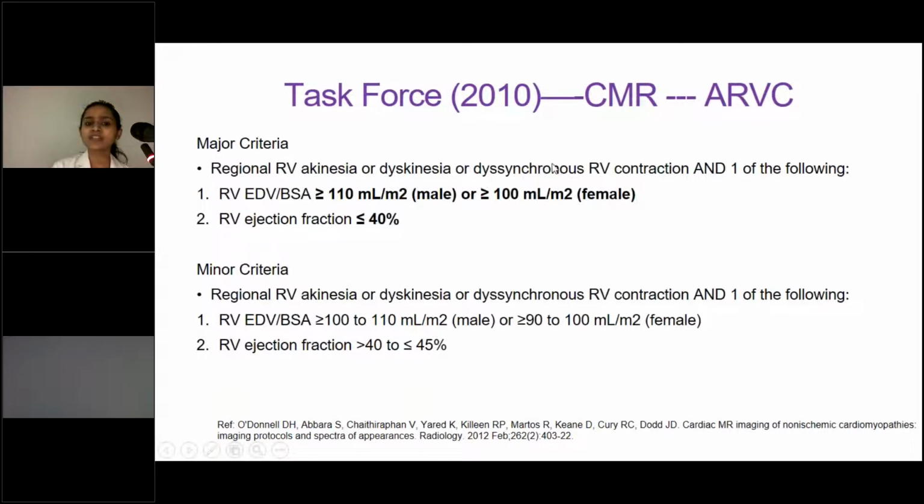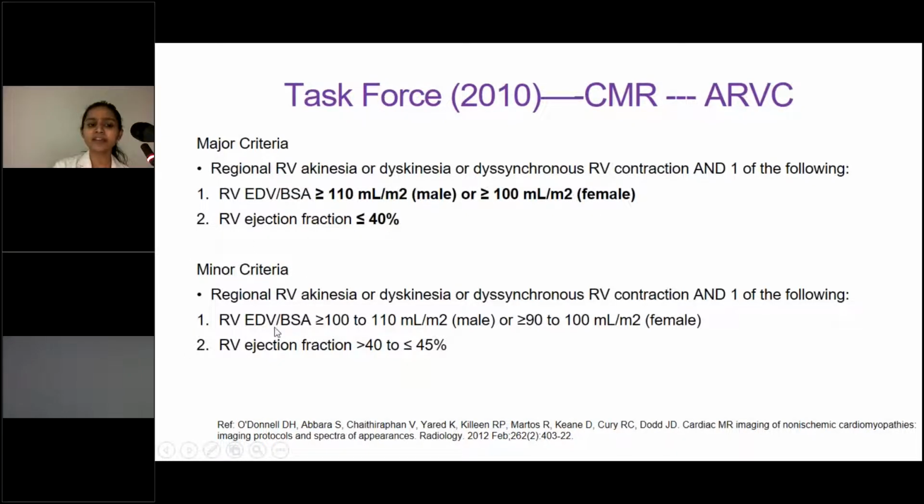Along with these qualitative parameters, a few quantitative cutoffs have also been given for the diagnosis of this condition: right ventricular end diastolic volume per body surface area of more than 110 for males, and more than or equal to 100 for females, and ejection fraction less than or equal to 40%.